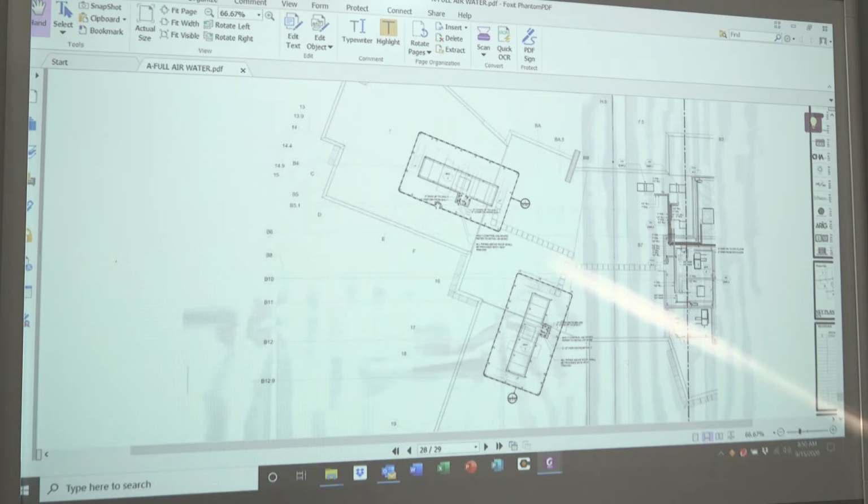We are again looking at the rooftop plan view, A building, air handling unit number 1, air handling unit number 7. These are modulating air handling units that operate based on static pressure controls that are mounted in the ductwork systems.